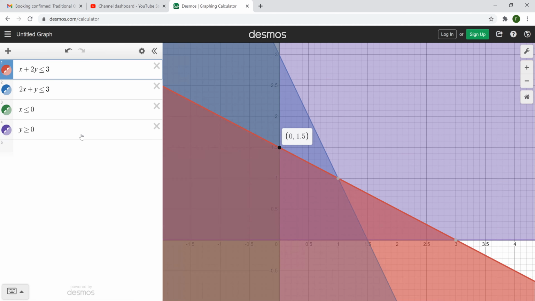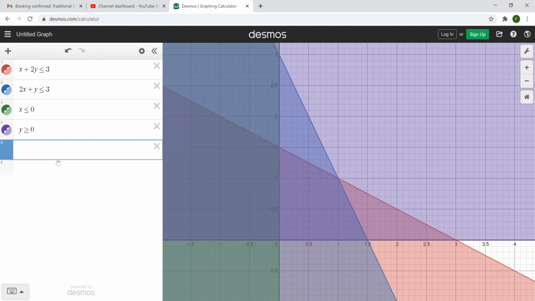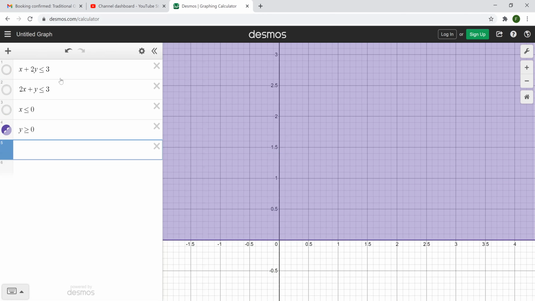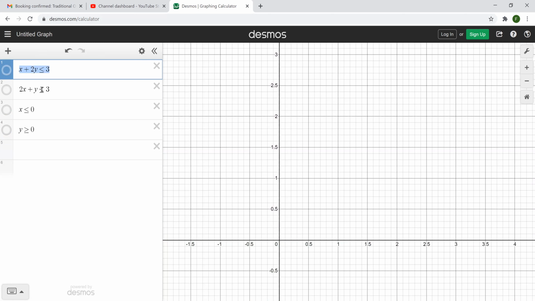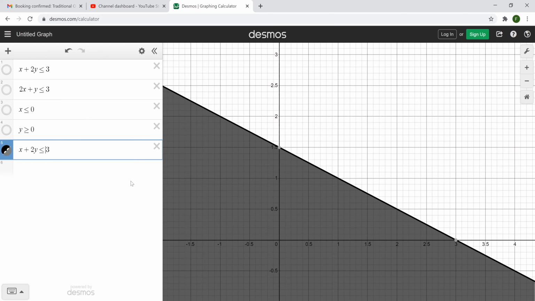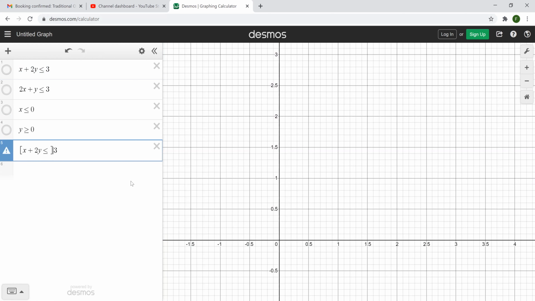It's even worse on your graphing calculator. So you actually graph, and you might have seen this in class, I'm going to uncheck all these and show you what you would graph instead. You graph the same thing, but you flip all the inequalities.